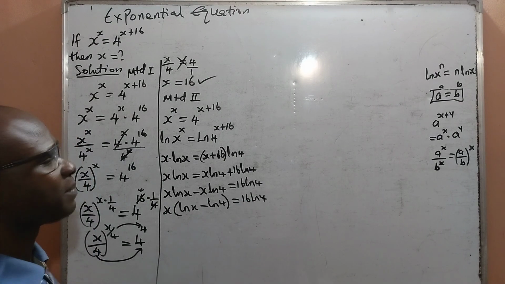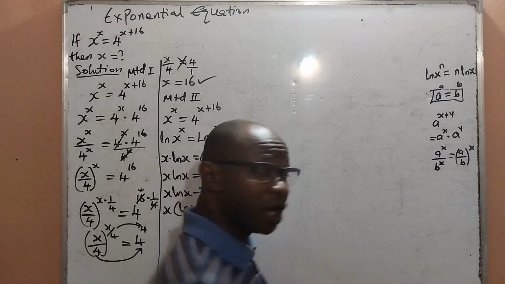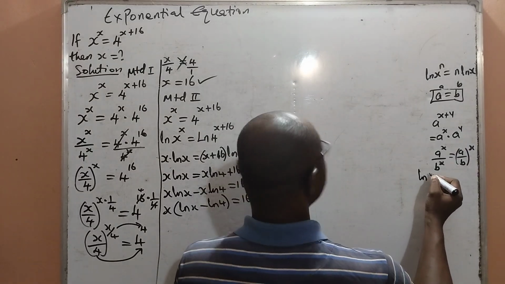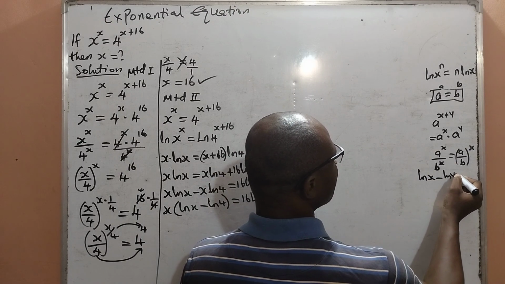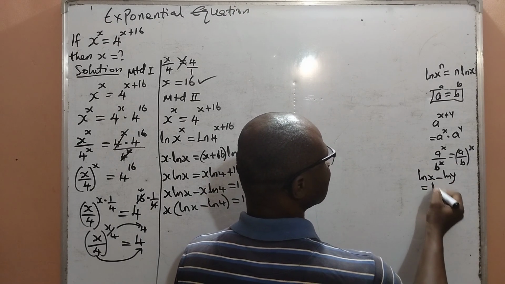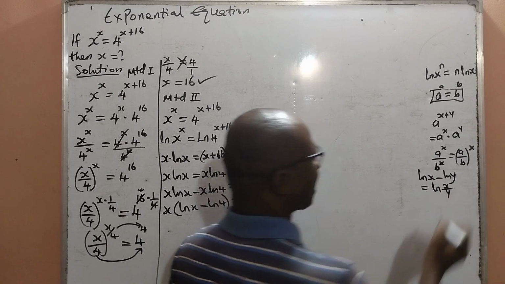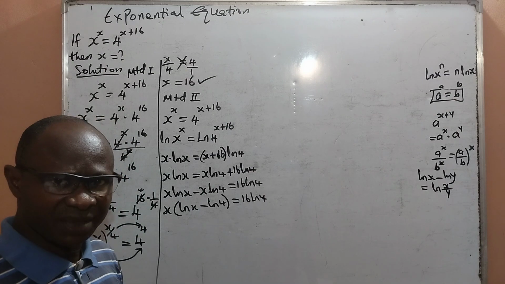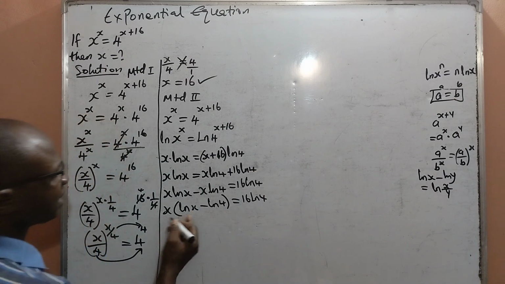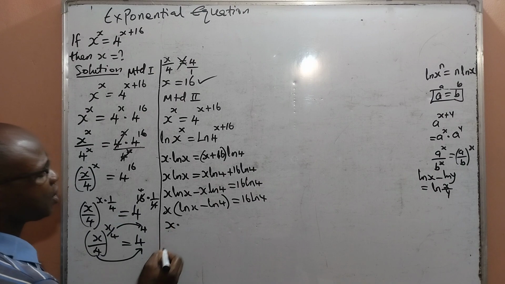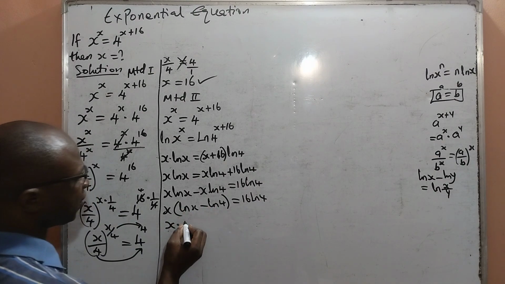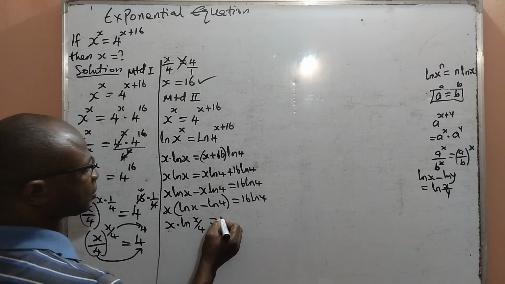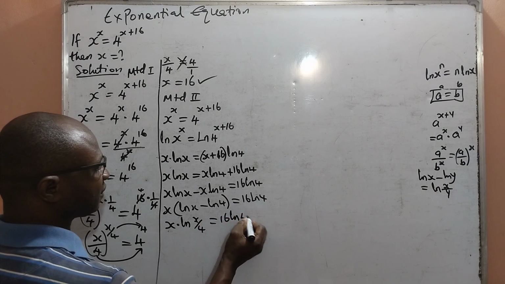At this point, inside the bracket, from the division law of natural logarithms, ln x minus ln y is the same thing as ln of x over y. It is very correct. It is a law of logarithms and also natural logarithms. Therefore, I will now have x multiplied by ln of x over 4 equal to 16 ln 4.